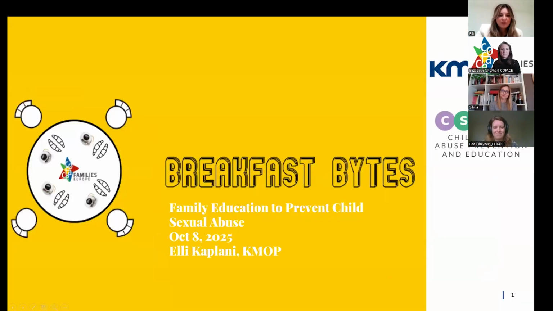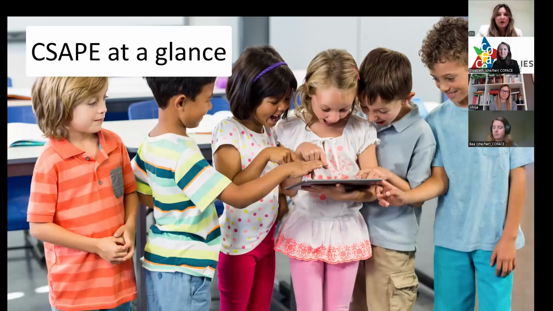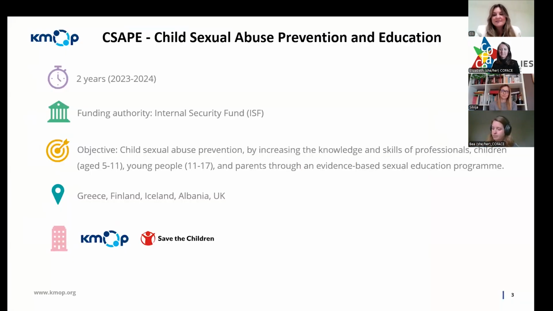So before moving on to the results, let me set the scene a bit on our project CSAPE, Child Abuse Prevention and Education. It was a 2-year project. It ran in the period of 2023 until 2024, and it was funded by the Internal Security Fund.